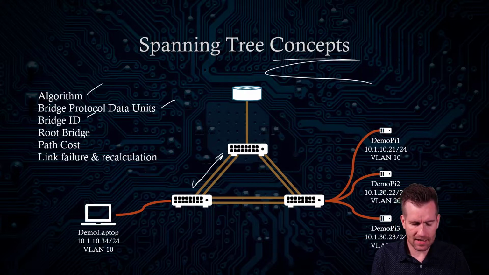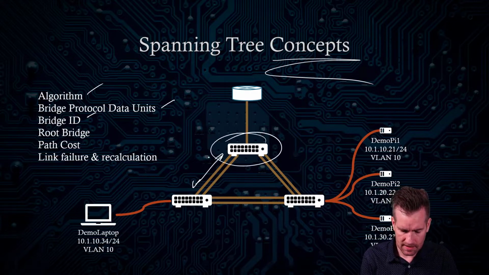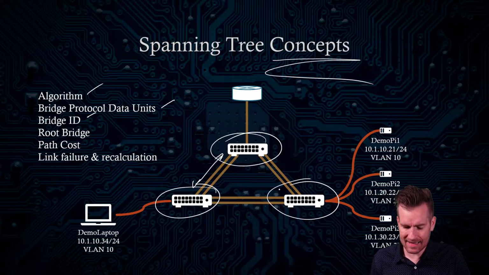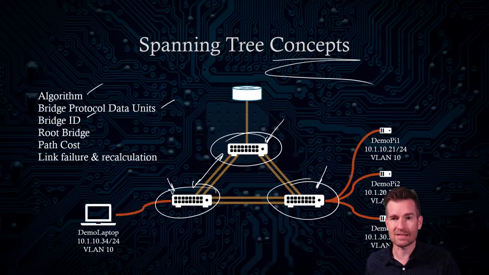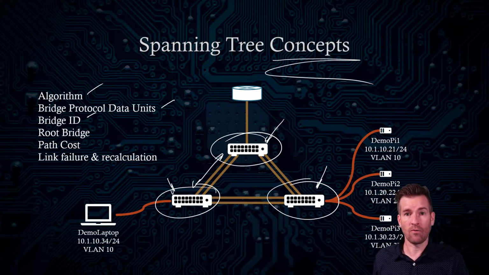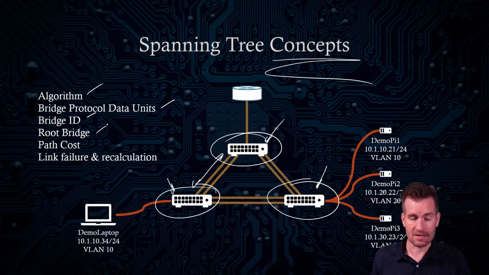Then we have the bridge ID. Each of these switches, each of these bridges, will come up with a bridge ID, an identifier that is unique to each one of these bridges. Based off of that unique ID, there's a lot of things that are determined. For instance, one of the things that's determined is what is going to be the root bridge, or the main bridge.